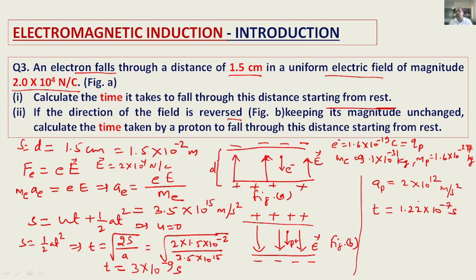The square root of 1.5 into 10 to the power of minus 14 can be calculated as t is equal to 1.22 into 10 to the power of minus 7 seconds. Same procedure for the proton also. In case you find difficulty in calculating, please put a comment. I will certainly reply with detailed calculations also.